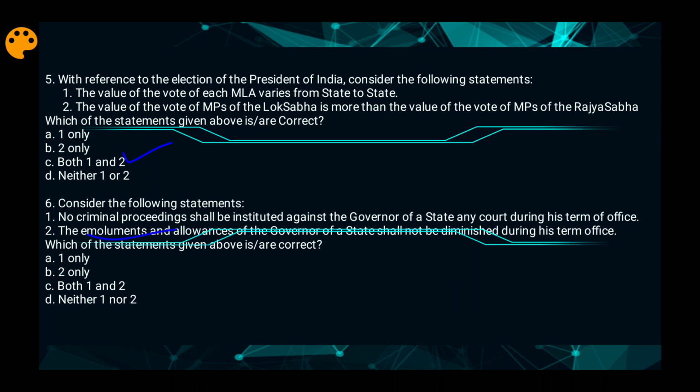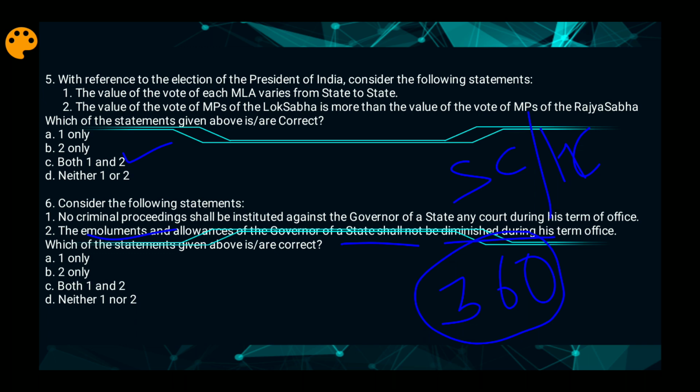And the second statement: the emoluments and allowances of the Governor of a state shall not be diminished during his term of office. This is also a correct statement. Except under Article 360, where the financial emergency provisions are there, the President of India can reduce the salary of High Court and Supreme Court judges.